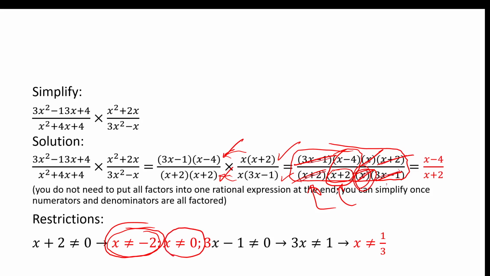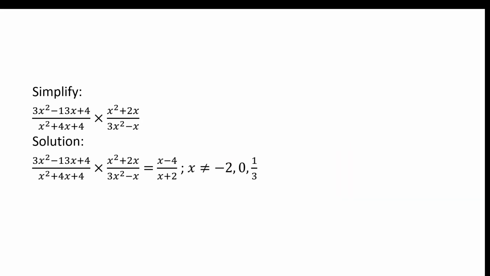And finally, there's also a factor of 3x minus 1. If 3x minus 1 isn't going to equal 0, that means x isn't going to equal 1/3. And so what we have is the final statement. Our rational expression simplifies to x minus 4 over x plus 2. x cannot equal negative 2 or 0 or 1/3.